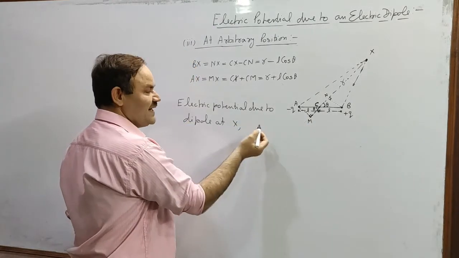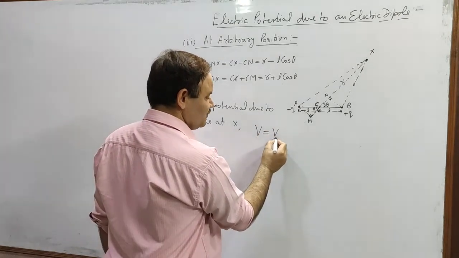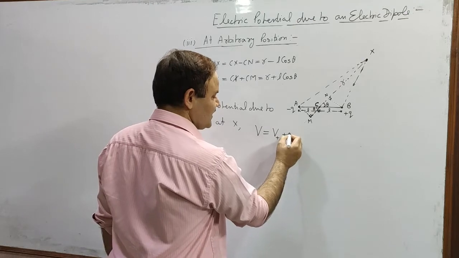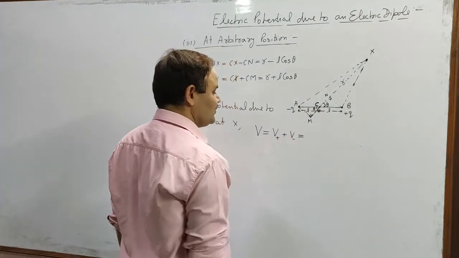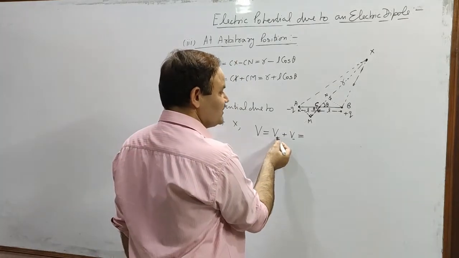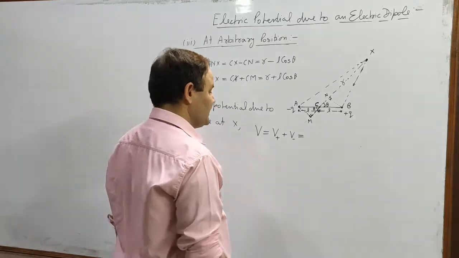due to dipole at x, V will be electric potential due to positive charge plus electric potential due to negative charge, and this will be equal to electric potential due to positive charge will be positive, while that due to negative charge it will be negative.